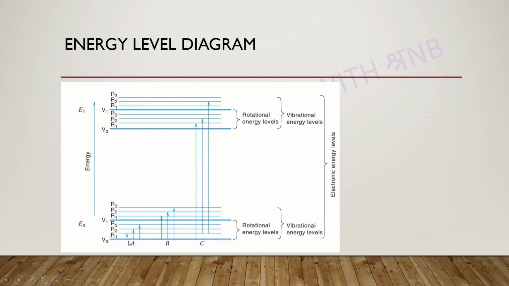A represents the rotational energy levels. As you can see there, the energy gap is minimum in rotational energy levels and is maximum in the electronic energy levels. B represents the vibrational energy levels, whereas C represents the electronic energy levels.